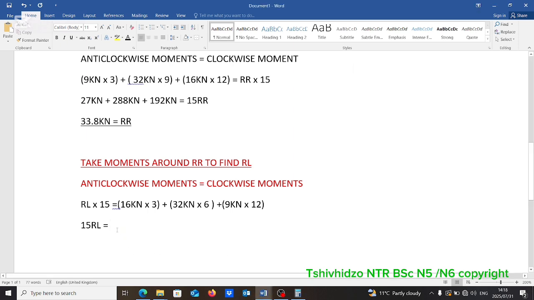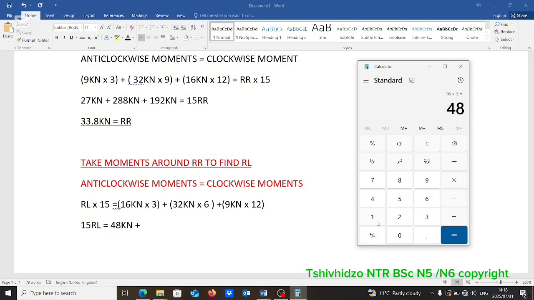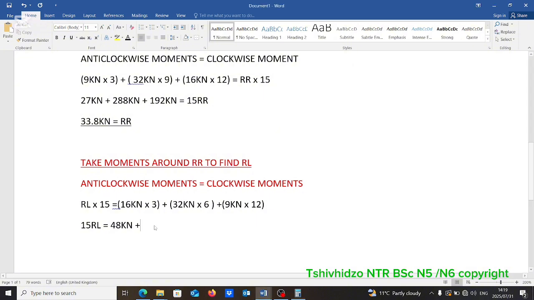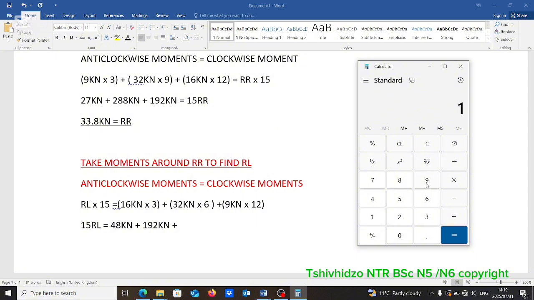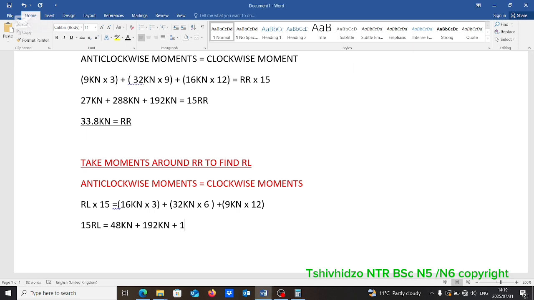equals 48 kilonewton, plus 32 multiplied by 6, 192 kilonewton, plus 9 multiplied by 12, 108 kilonewton.